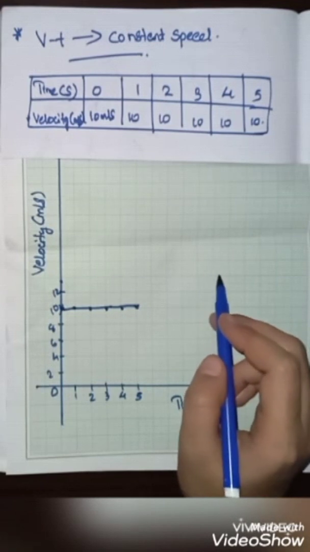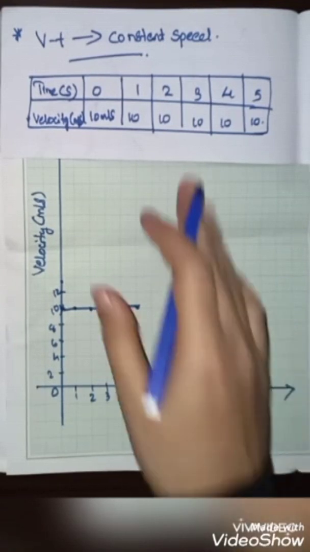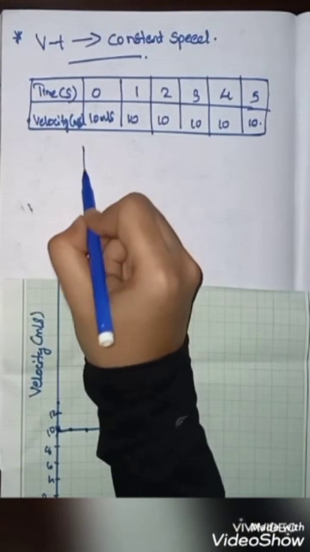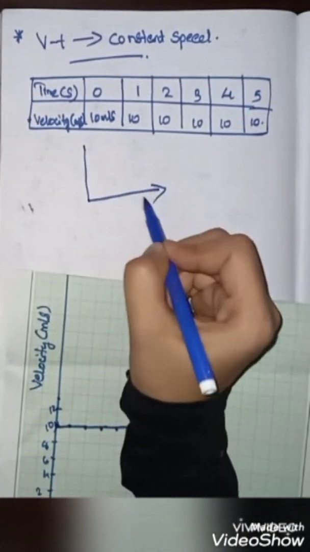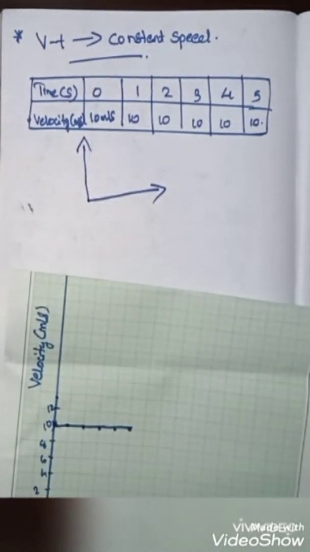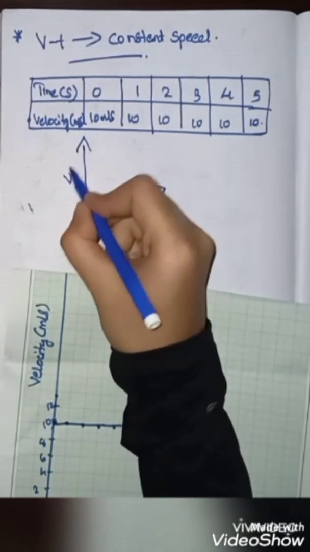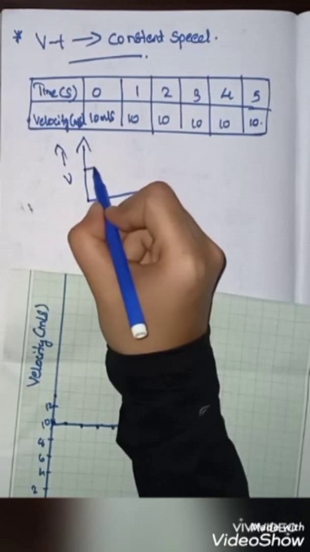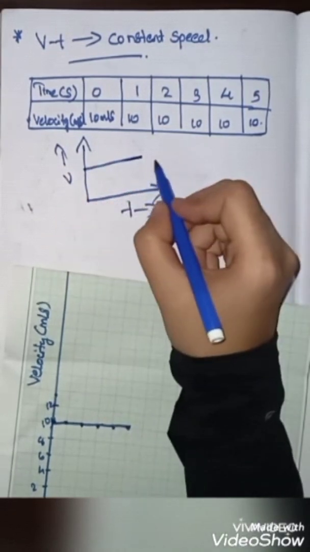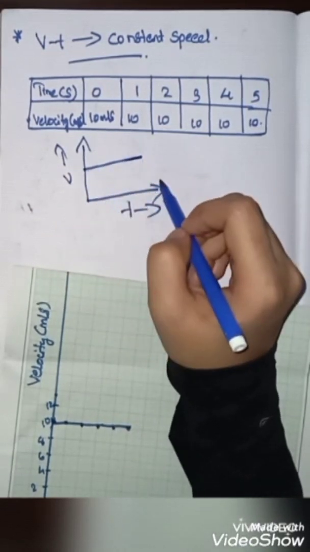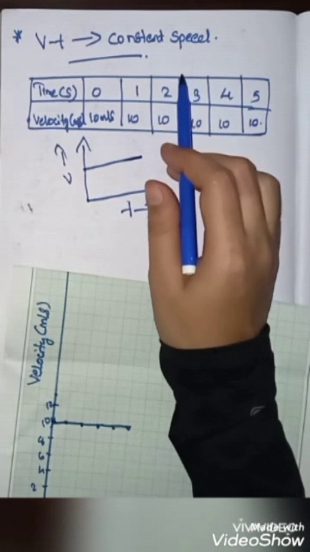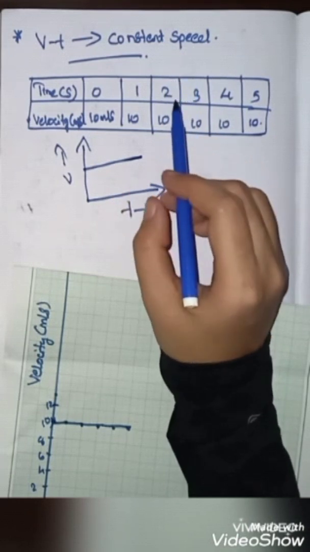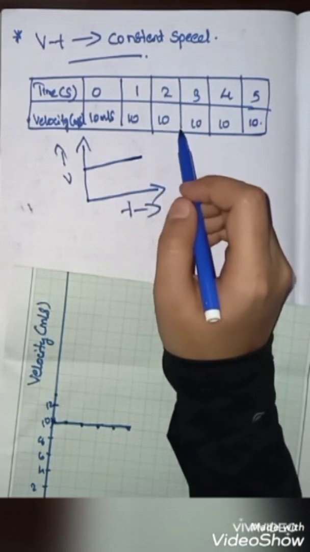So the shape of the velocity time graph of a body moving with a constant speed will be like this, with velocity on this axis and time on this axis. The shape of the graph will always be like this. This graph represents the velocity time graph of a body moving with constant speed.